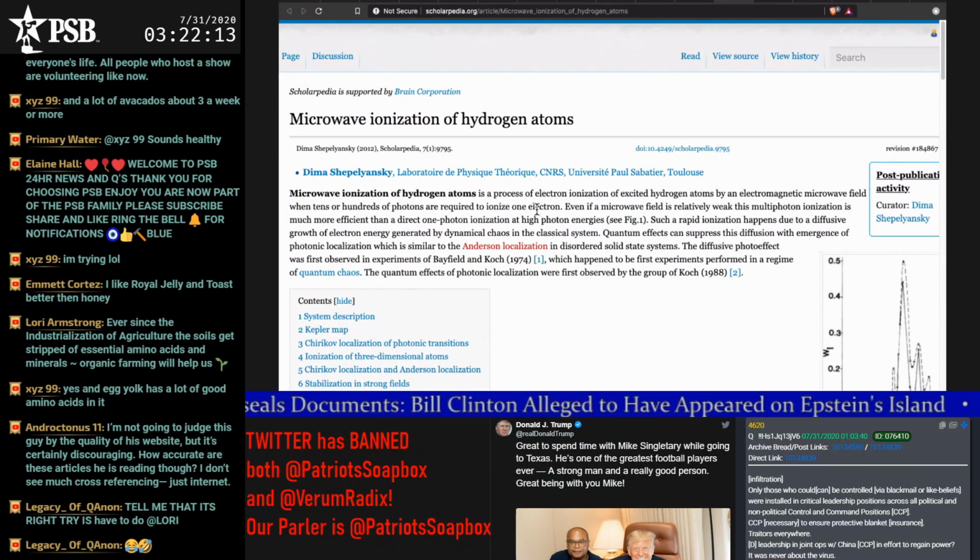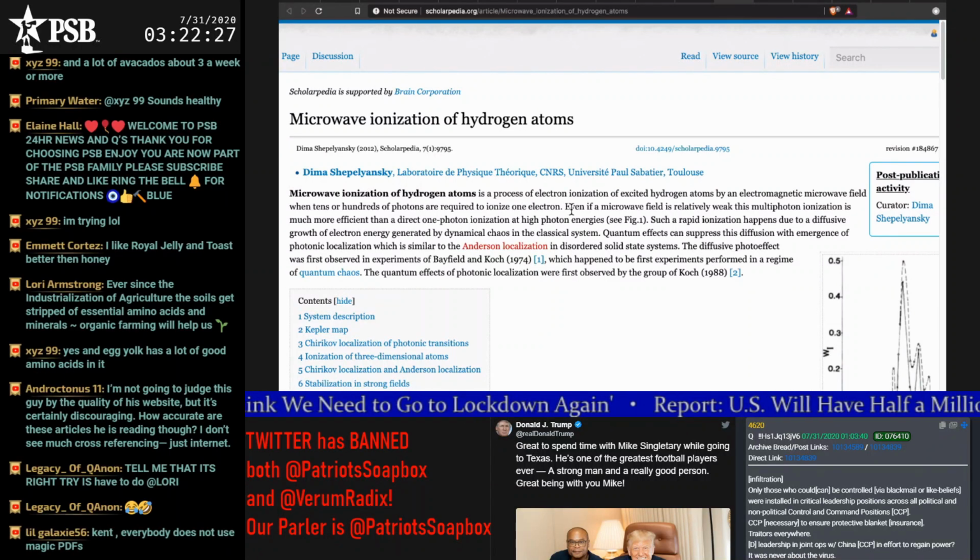Microwave ionization of hydrogen atoms is a process of electron ionization of excited hydrogen atoms by an electromagnetic microwave field when tens or hundreds of photons are required to ionize one electron. Even if a microwave field is relatively weak, this multi-photon ionization is much more efficient than a direct one-photon ionization at high photon energy.